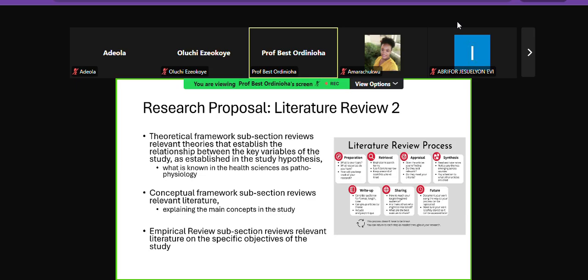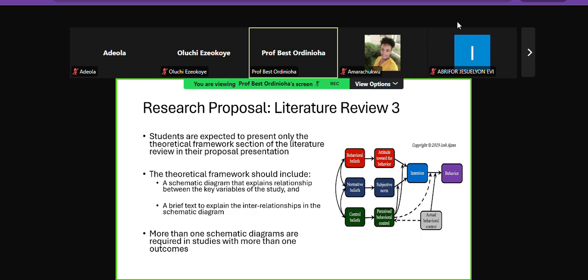And then the empirical review is when you carry out a review according to the specific objectives of the study. But for your proposal, we just expect you to present just the theoretical framework.